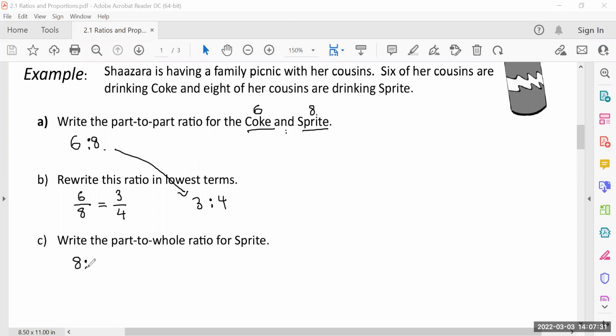Sprite is 8. The total is 14. And then part D says to write in lowest terms. So again, 8 over 14 is the same as, divide by 2 on both sides, 4 over 7. The ratio of Sprite to the whole is the same as 4 to 7.